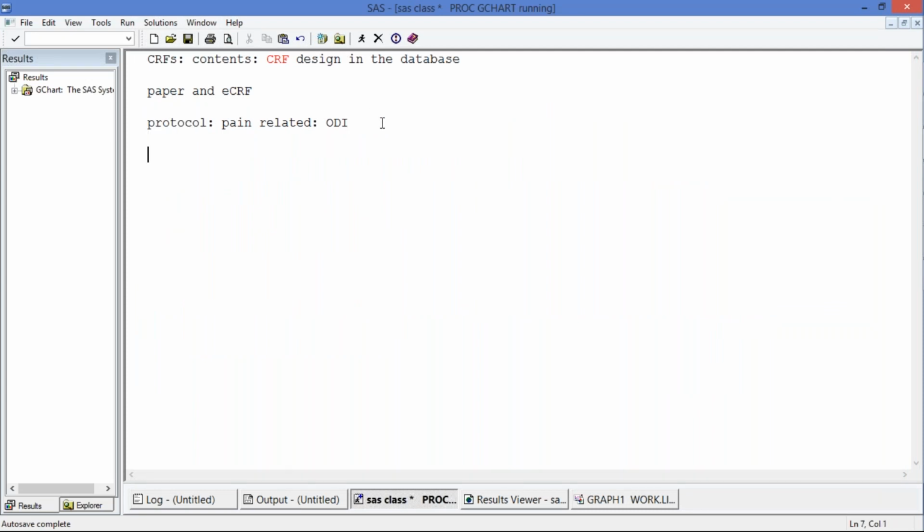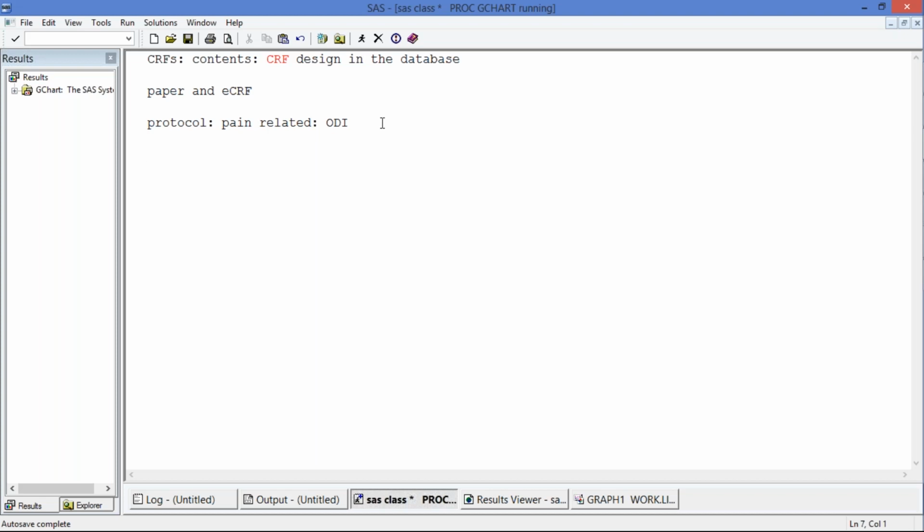So, what is a CRF? What is the role of the CRF? Collection of data. It is available in paper and electronic form. It should be consistent with the protocol. What to collect on the CRF?